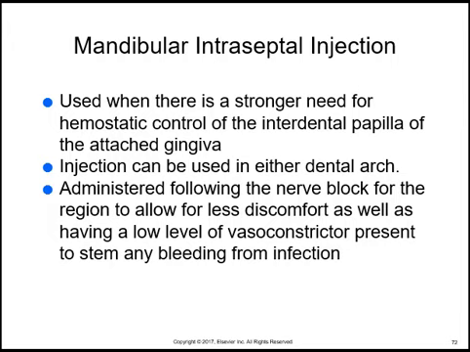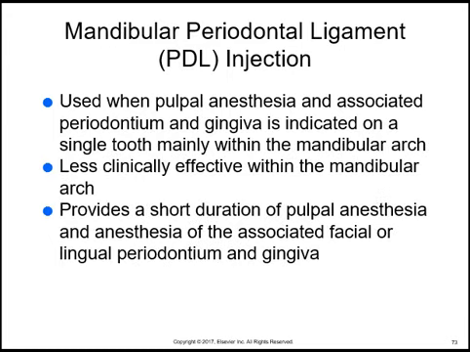If you want more hemostatic control, this is what you'd give interdentally. Typically, the mandibular posterior sextant is the focus for this injection within the mandibular arch. And for a more detailed discussion of this injection, you can refer back to chapter 12.